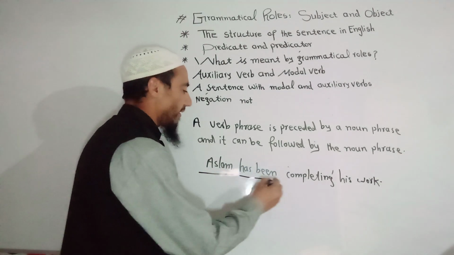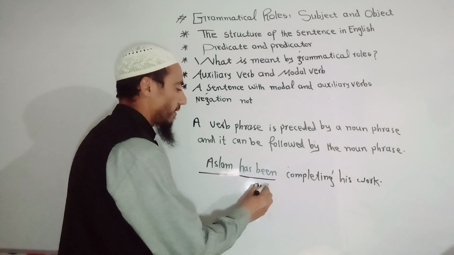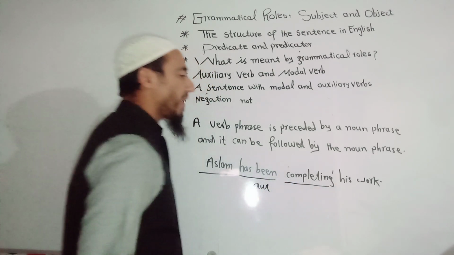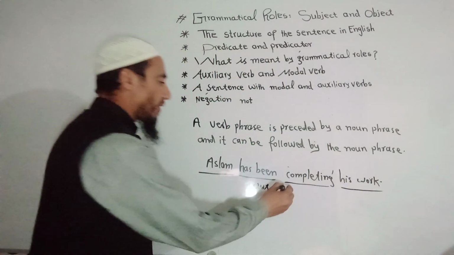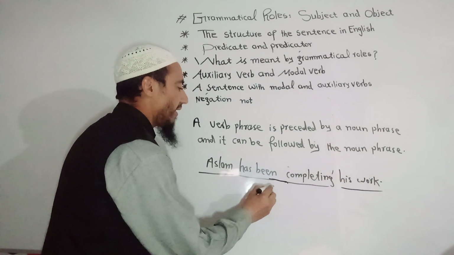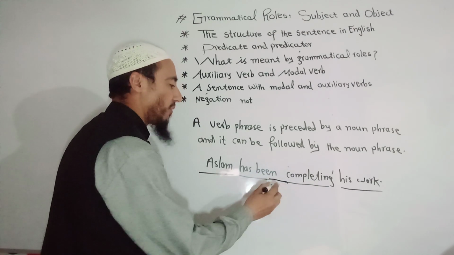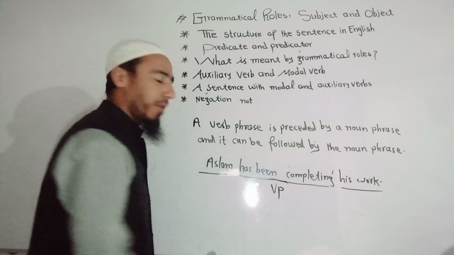Has been, that is auxiliary verb, and completing, that is main verb, and his work, that is NP. So completely we said that this is verb phrase. Has been completing, that is VP, verb phrase.